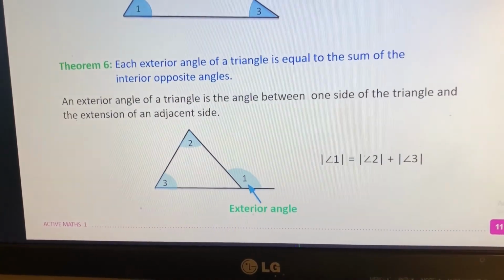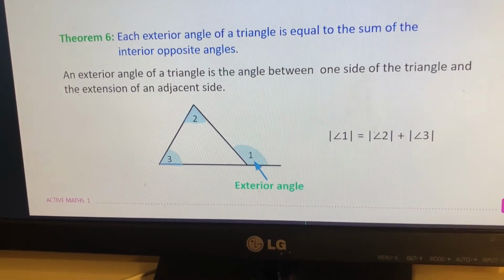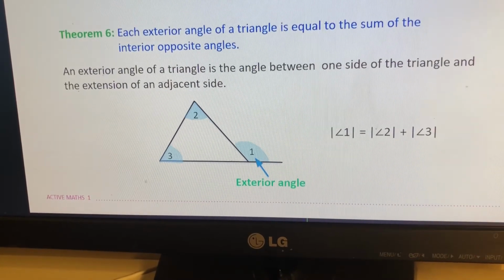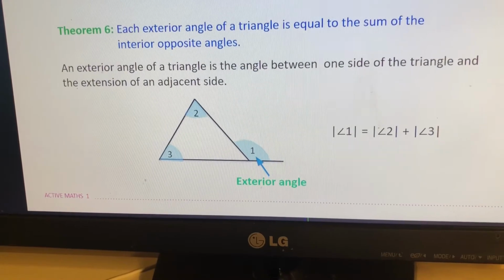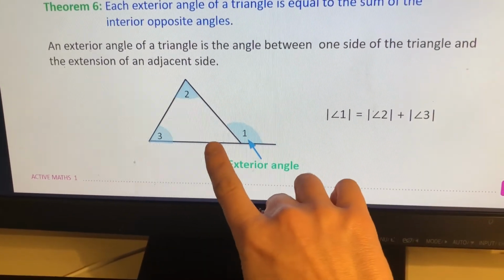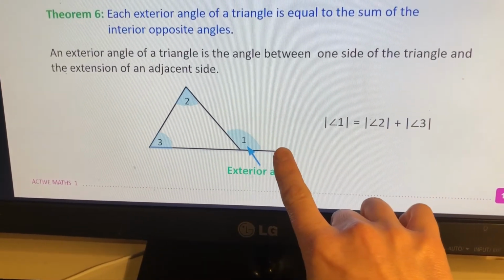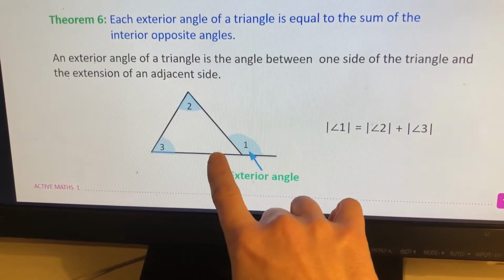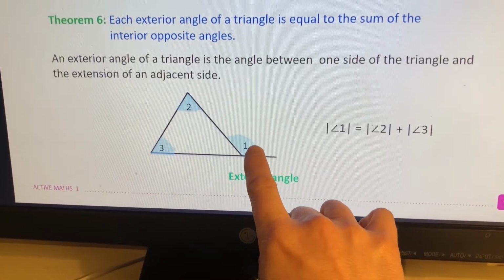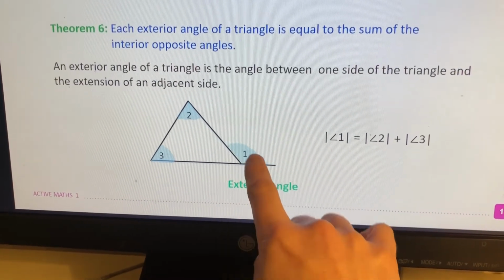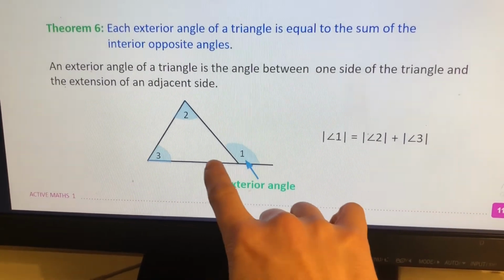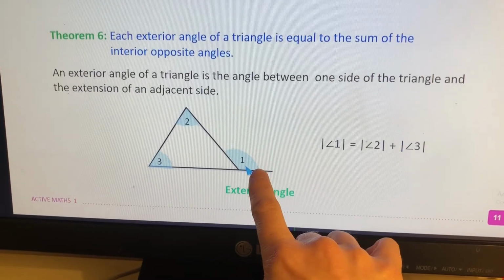Now we can actually use a little bit of logic and our common sense and some of the mathematics tools that we've already got to help us understand why this happens. If you imagine that this is a straight line producing a straight angle, so if we include this interior angle of this triangle as well as angle 1 here, that's going to make 180 degrees.